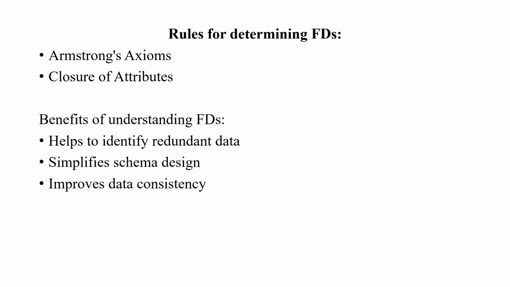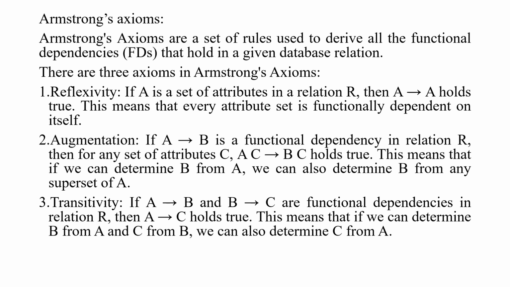And Armstrong's axioms are a set of rules that play a fundamental role in defining and simplifying the functional dependency within a relational database. The benefit of understanding functional dependency is that it helps to identify redundant data, simplifies the schema design and improves data consistency.